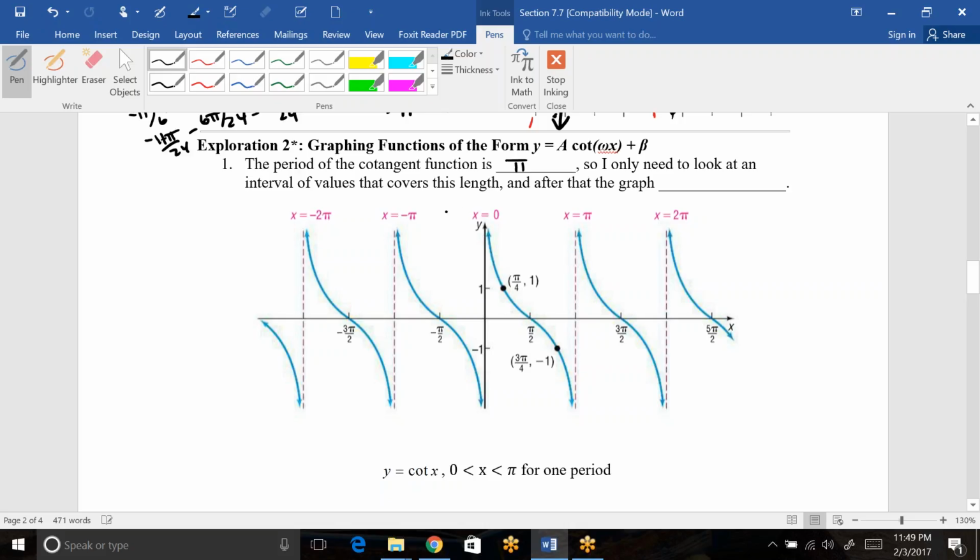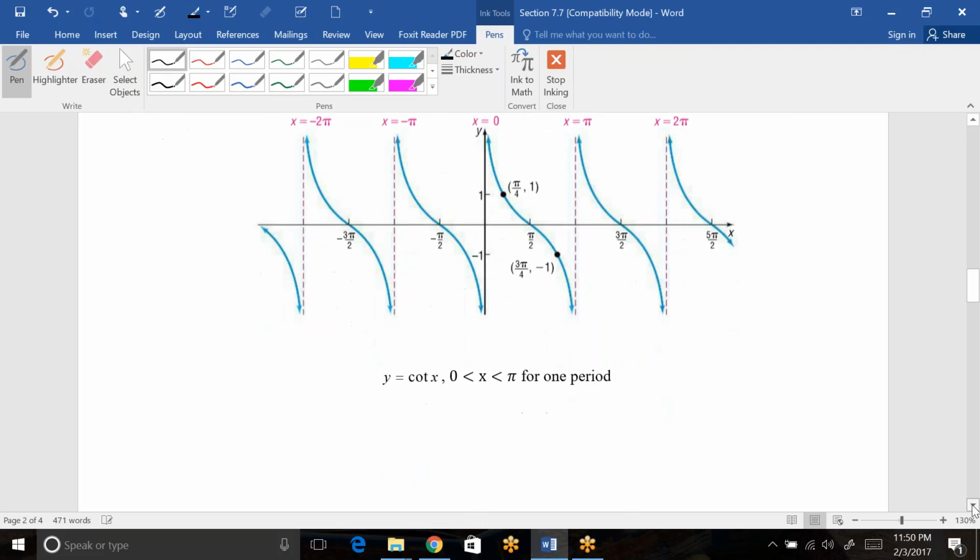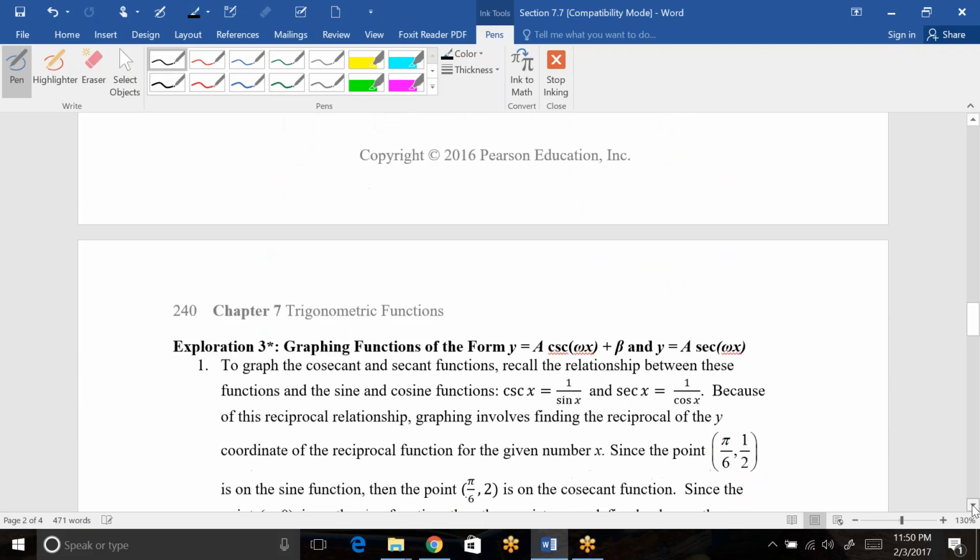Remember, they were at negative pi over 2 and pi over 2 for tangent. If you flip it, it happens at the other pi intervals. So 0, pi, 2 pi, negative 2 pi. And another thing to note is that the actual shape of that is reversed as well. In tangent, you go up the hill, and in cotangent, we kind of go down the hill. So that's the general shape of that graph.